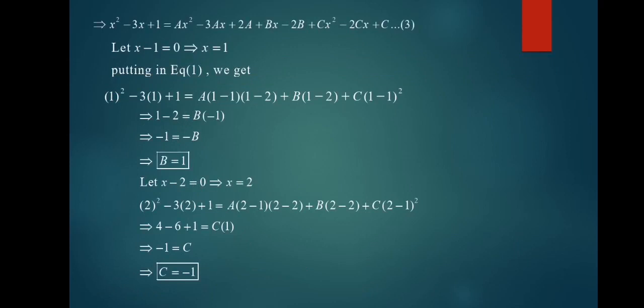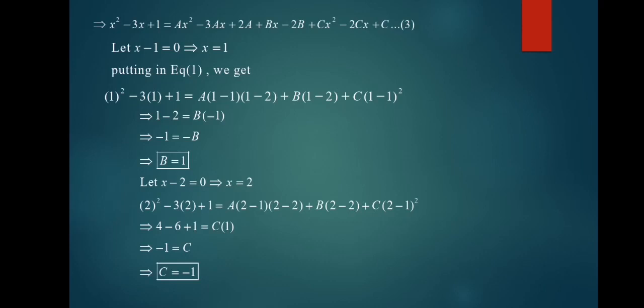This implies that x square minus 3x plus 1, multiplying a to the terms inside the bracket, we get ax square minus 3ax plus 2a. Then we will multiply b to the terms inside the bracket, bx minus 2b plus cx square minus 2cx plus c. It's our equation number 3.